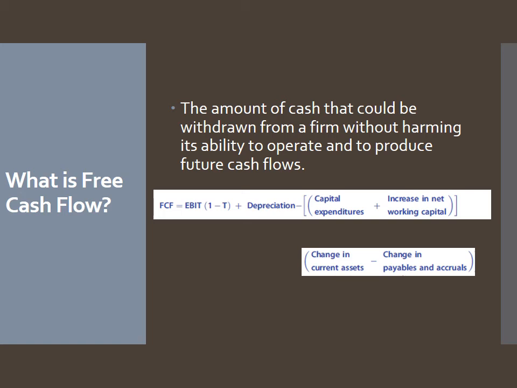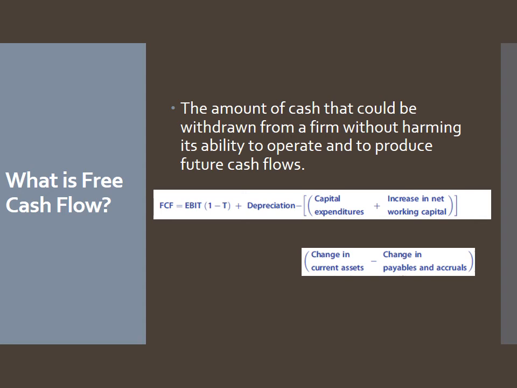You compute free cash flow by multiplying your EBIT, earnings before interest and taxes, by 1 minus T, where T refers to the tax rate, plus depreciation, less capital expenditures, less the increase in net working capital. The increase in net working capital is computed as the change in current assets less the change in payables and accruals.